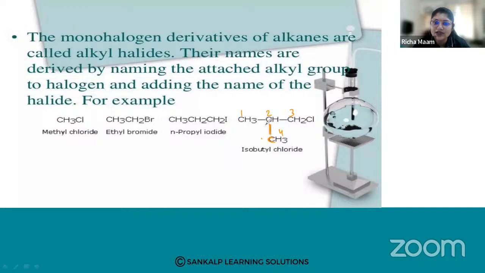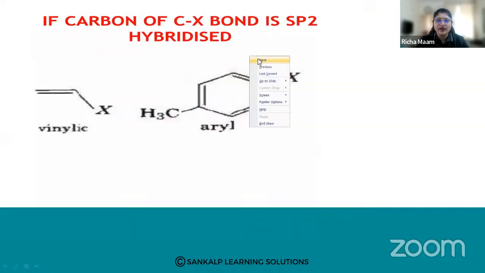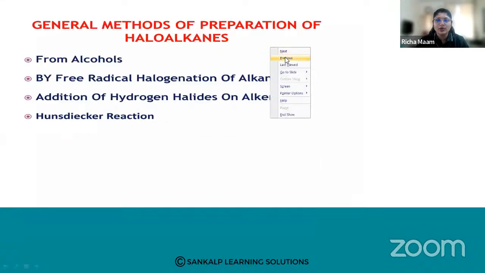So carbon is attached to three other carbon atoms, so it is a tertiary carbon. So it is isobutyl chloride. Depending upon how many carbon atoms are attached, alkyl groups are attached, this is the naming given. So all these things we have discussed. Preparations we'll see later.